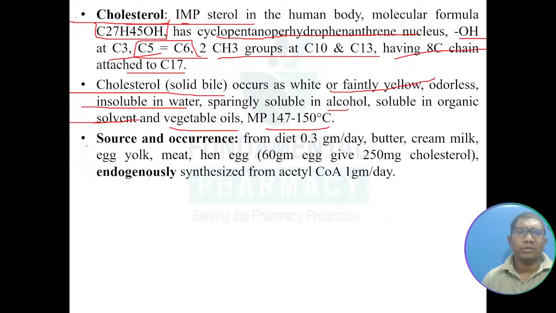ये कहाँ पे पाया जाता है? What is the source and occurrence of this cholesterol? So you will get cholesterol from the diet, 0.3 gram per day. Normally it is present in butter, milk, cream, egg yolk, meat, chicken, egg.